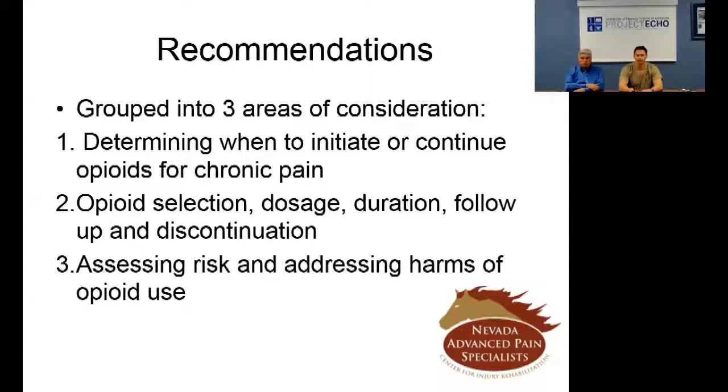The second consideration is opioid selection, dosage, duration, follow-up, and discontinuation, which we'll discuss on a future date. And 3, assessing risk and addressing harms of opioid use, we'll address in the future as well. Any questions on these recommendations and how they break down before we get going?